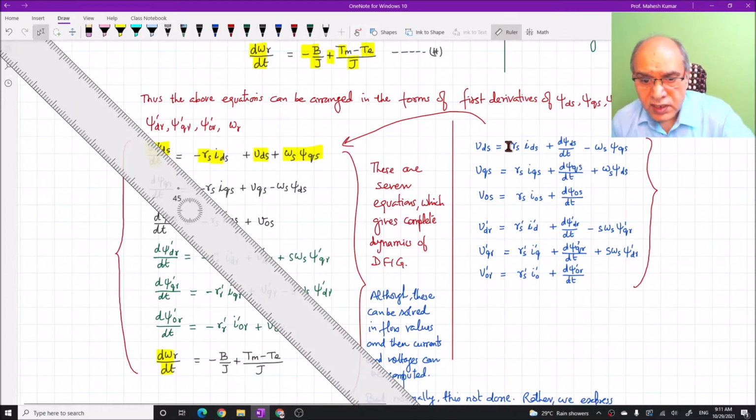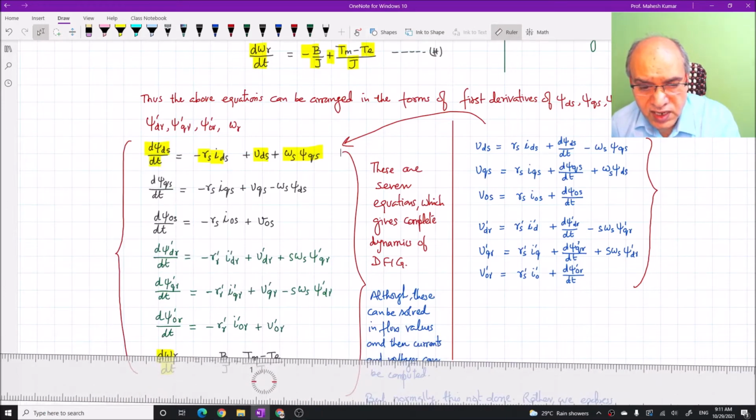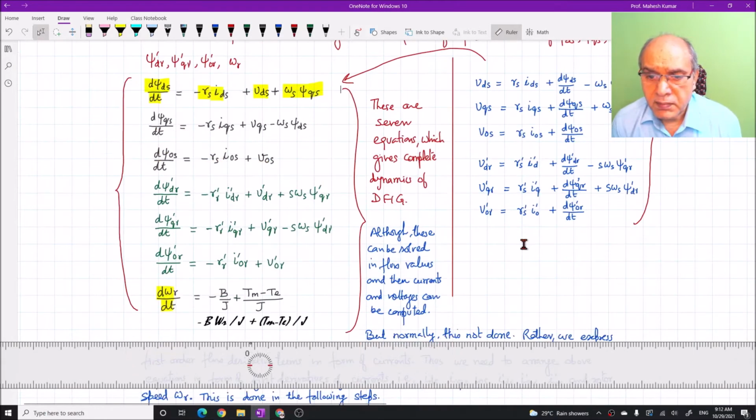Now you can tell that we can solve these equations for flux linkages, but normally this is not used in this format. Normally we don't solve in the format of flux linkages, because they are not the circuit quantities directly relating to the behavior of the circuit. Of course they are involved in the process. Currents and voltages are more direct quantities.